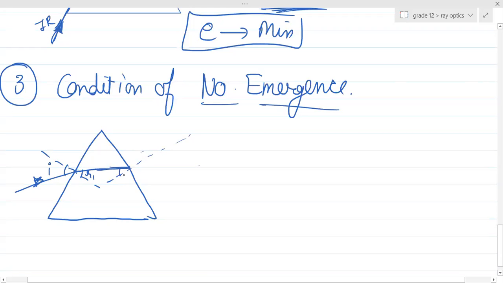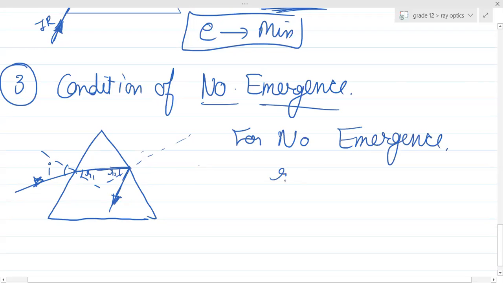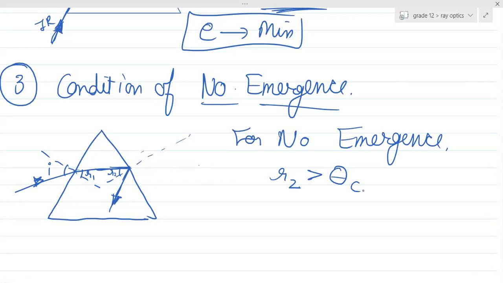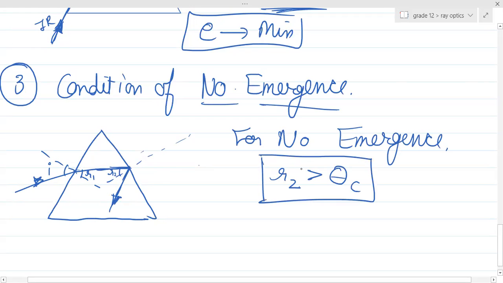So for no emergence, can I say this particular thing: R2 shall be greater than the critical angle? Yes, R2 should be greater than the critical angle.